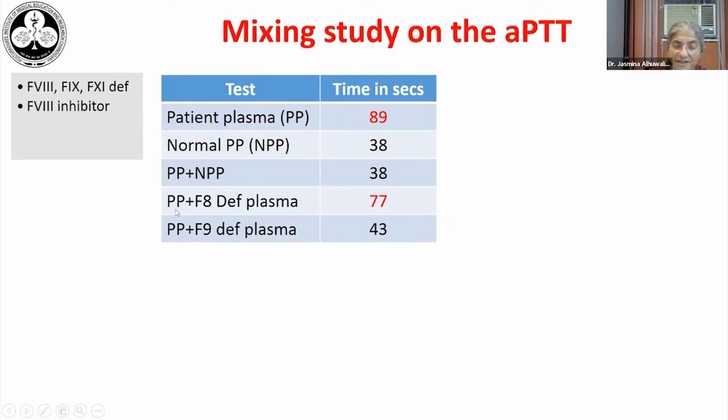If both the patient's plasma and the factor 8 deficient plasma are deficient in the same factor, then the clotting time cannot correct. So if this patient has a factor 8 deficiency, with factor 8 deficient plasma there will be no correction, whereas addition of factor 9 deficient plasma will lead to correction. So in this case, this is suggestive of a factor 8 deficiency.